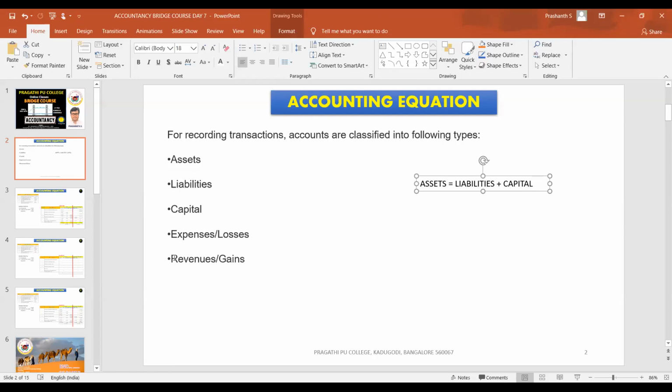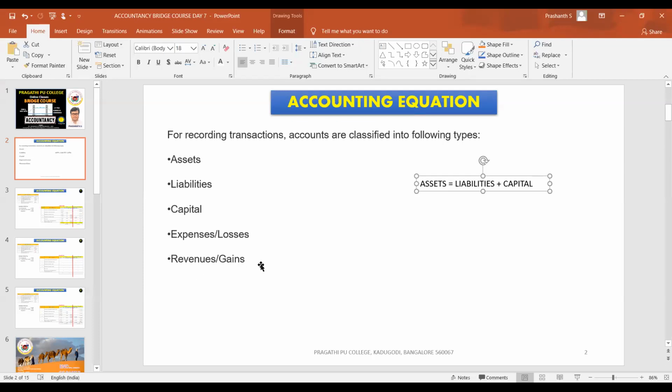Another name for revenue is income, or it can also be called gains, that means profit. Expenses mean losses. The money going away from the business is called expenses or losses. The money coming into the business is called revenue, income, gain, profit.